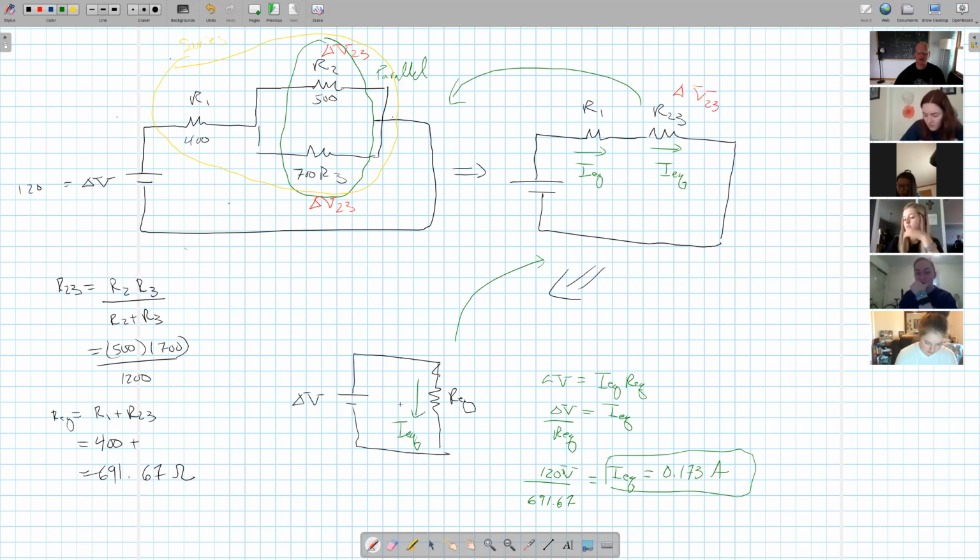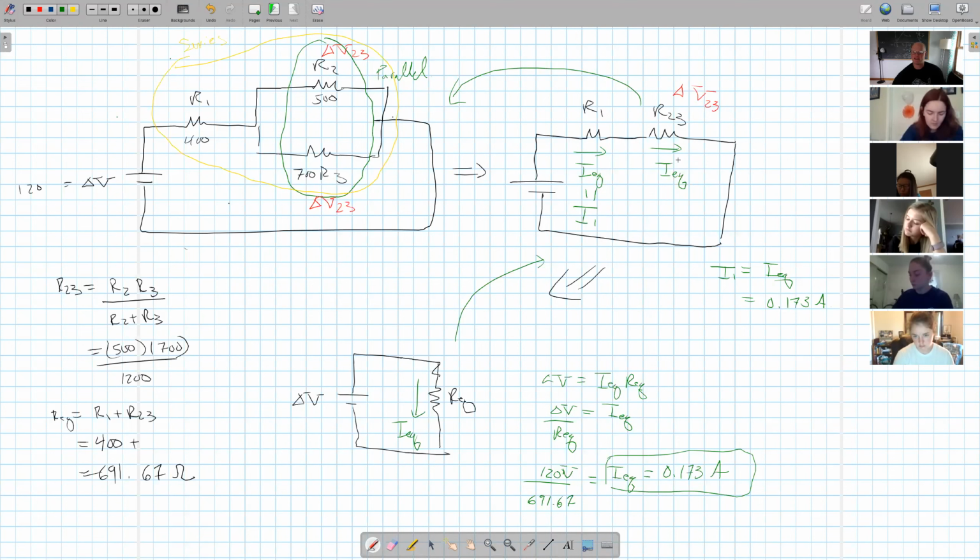Now from here, we would go backwards. We said REQ came from two things which were in series, and in series they have to have the same current. So the current running through R1, which we're going to call I1, is the same as IEQ, which is 0.173 amps.